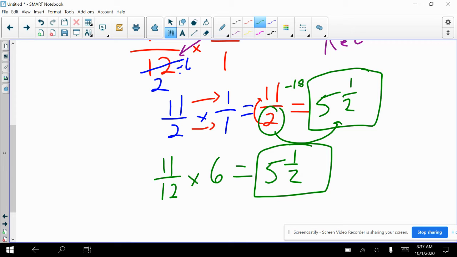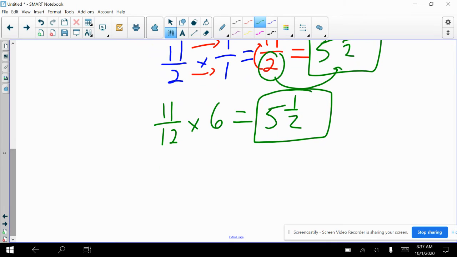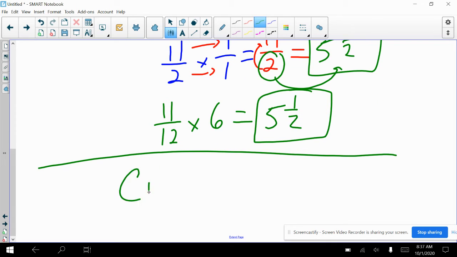Questions, Zach? Good question. Cross reduce means that you have to cross the numbers. You can't take them straight across.